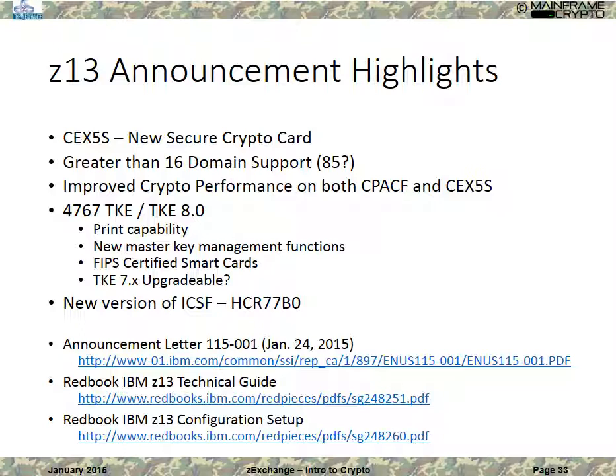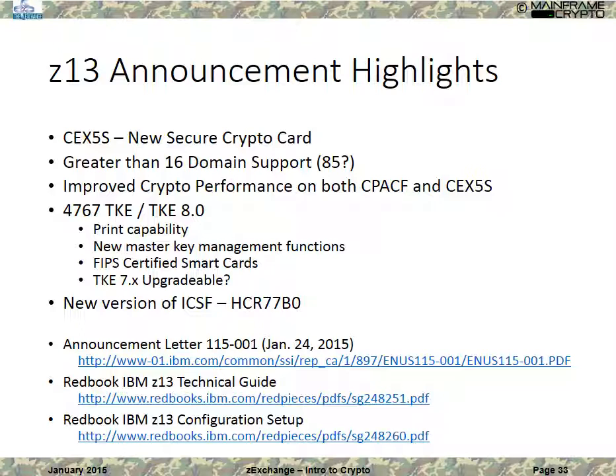In the IBM Z13 technical guide, the draft Redbook, it actually talks about being able to support up to 85 domains. So it looks like each card will be able to support up to 85 different LPARs. Hopefully more documentation will come out on that at GA.